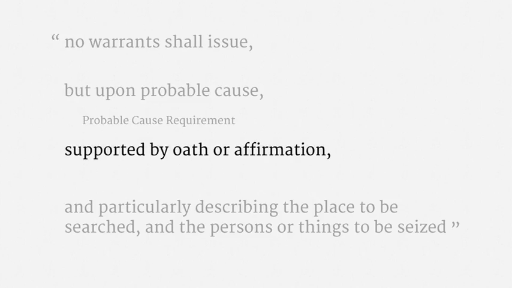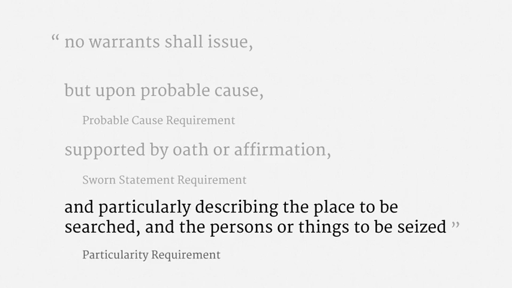The third part explains how probable cause is established. It's a sworn statement by a government officer. The statement is usually provided in a somewhat formal write-up. That's called an affidavit. The last part is usually called the particularity requirement. It mandates some specificity in what the warrant covers.